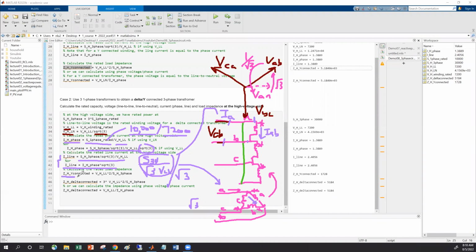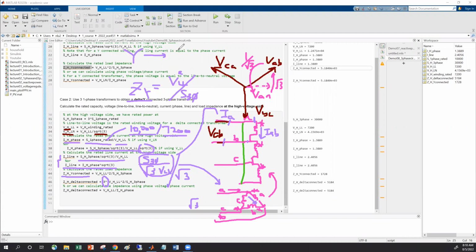So again, when we compute for the impedance, we can use this Z_Y equals VLL squared divided by S 3-phase. But this is for the Y-connected load. When you're connecting this as a delta, if you want to know the delta equivalent impedance, what you have to do is multiply by a factor of 3, because this is a Y-connected impedance.